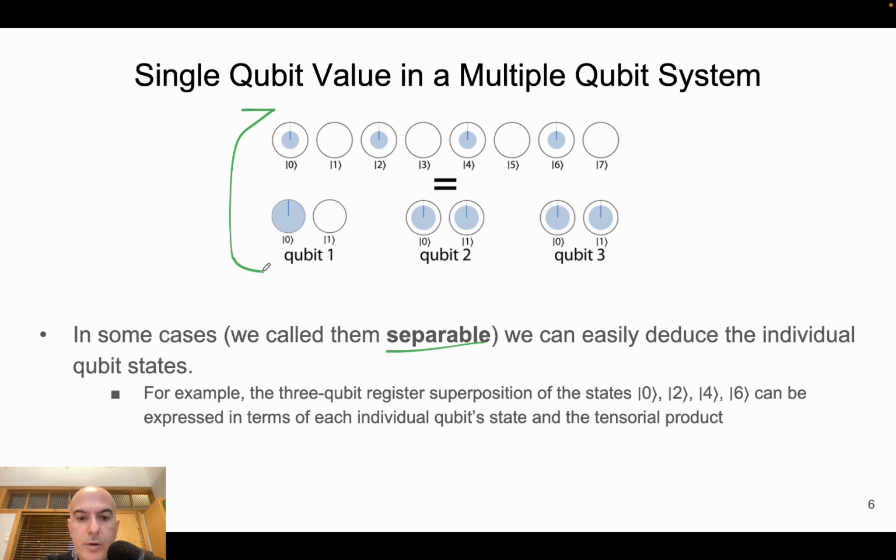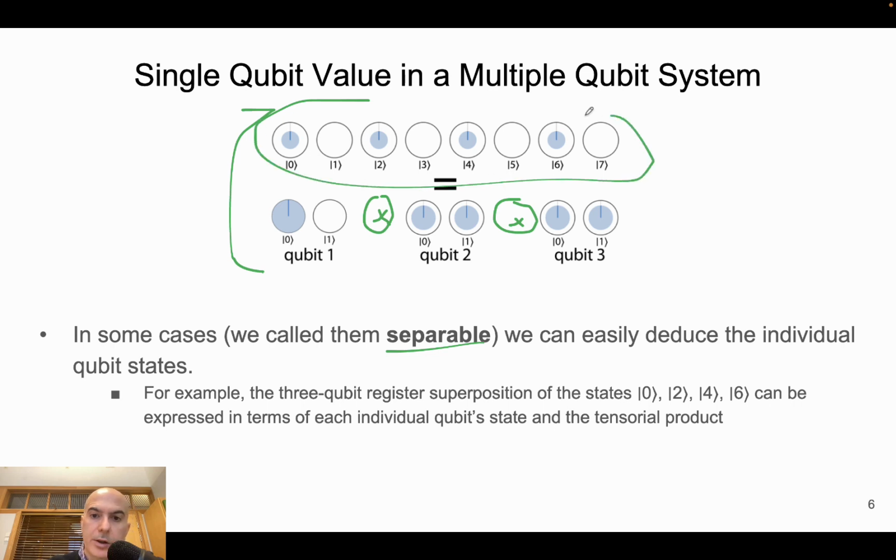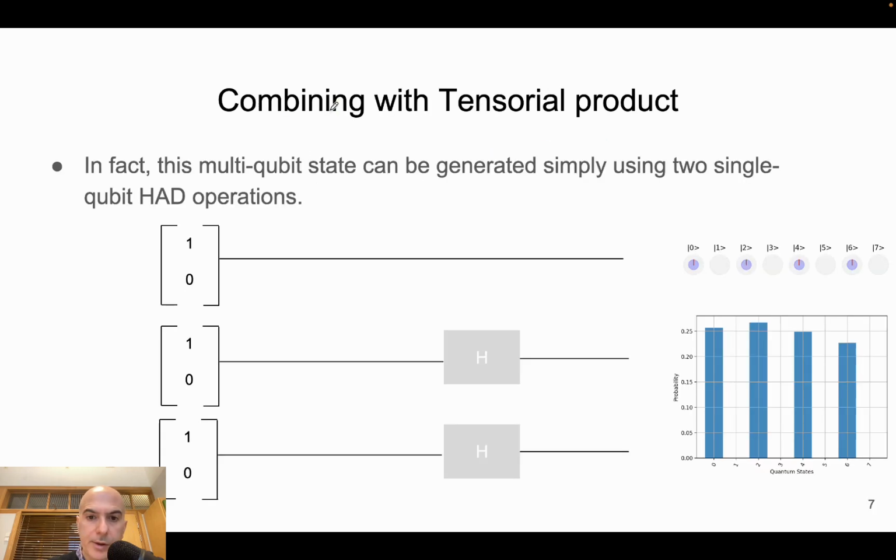For instance, the 3-qubit register superposition of states 0, 2, 4, and 6 can be expressed in terms of each individual qubit state and the tensor product that we use to combine a quantum system. So if we take the tensor product of these qubits, we can obtain this multi-qubit system.